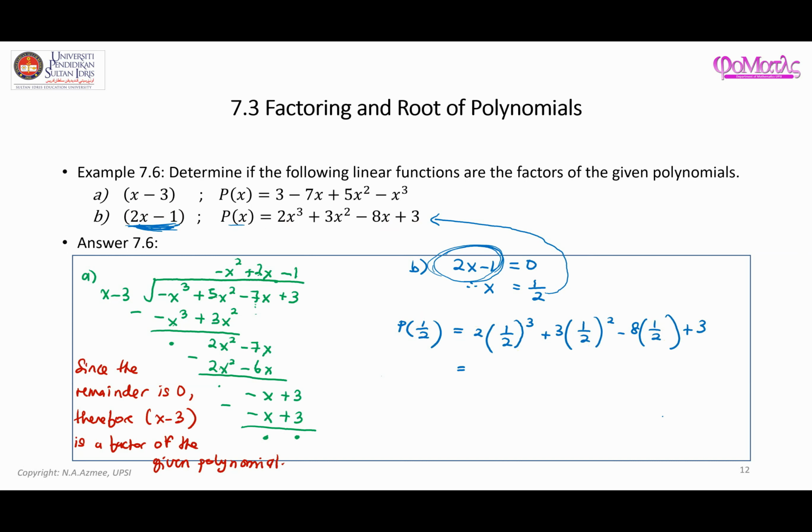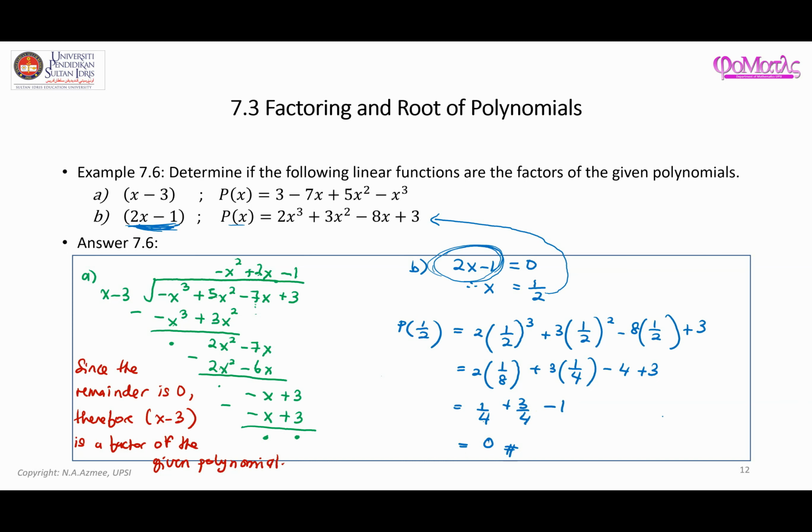Simplifying, we've got 1 over 8 times 2, which is 1 over 4, plus 3 over 4, minus 8 over 2, which is 4, plus 3. So 1 over 4 plus 3 over 4 is 4 over 4, which is 1, minus 4 plus 3, which is minus 1. So 1 minus 1 is 0, and you get the answer 0.